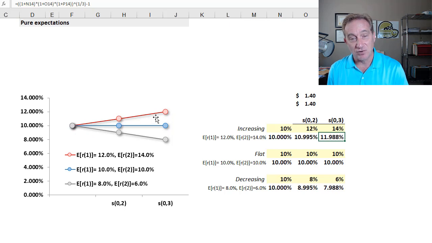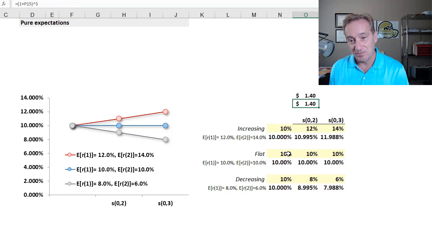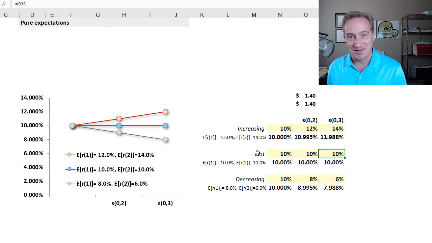This is a term structure that we could look at today and would be consistent with pure expectations because there's no adjustment in there for risk premium, for liquidity, or for convexity. That's the baseline. And the most obvious baseline here is flat.